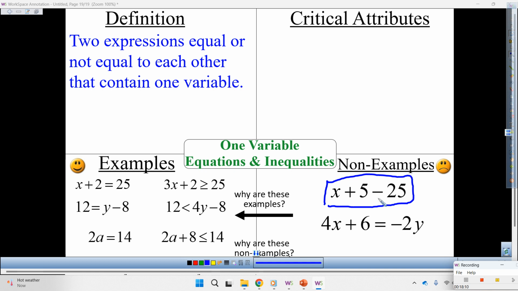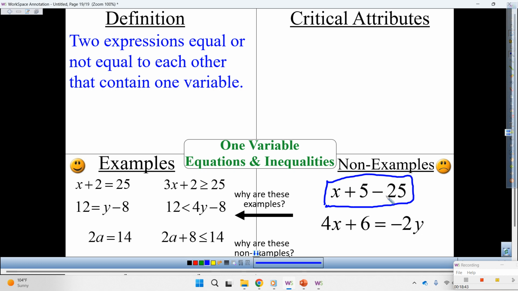It's got a subtraction, it's got an addition. Close, close. Everybody look up, look at that one. The equal sign. This is not an equation or an inequality.